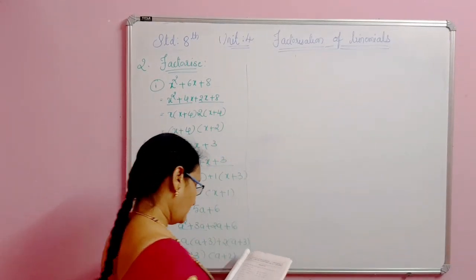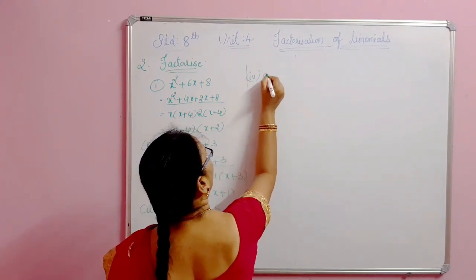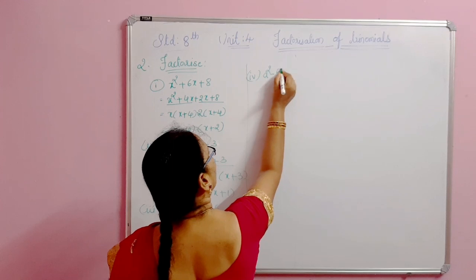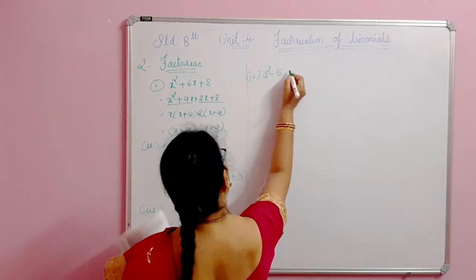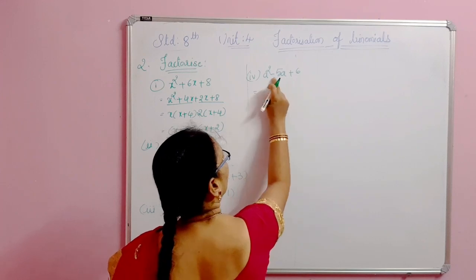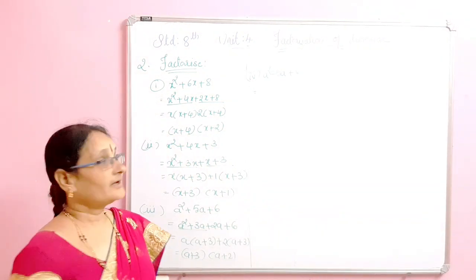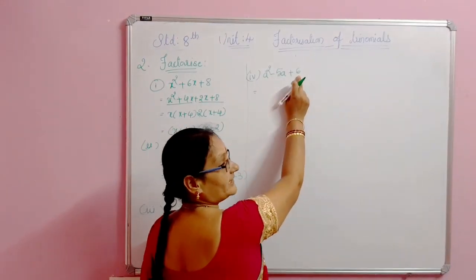Then, fourth one, a square minus 5a plus 6. You have to observe here. On addition we have to get minus 5, and on multiplication we have to get plus 6.